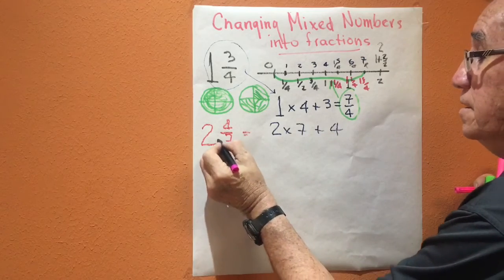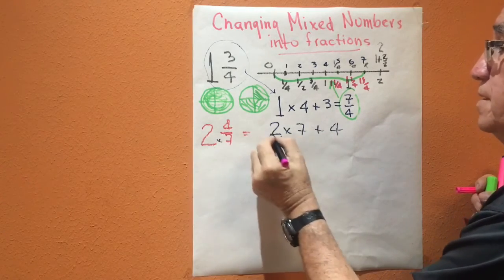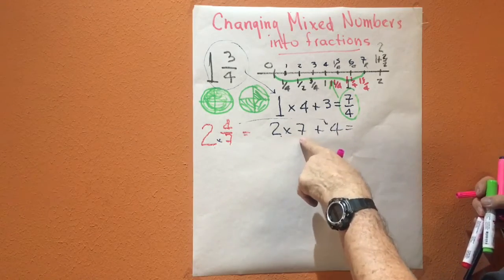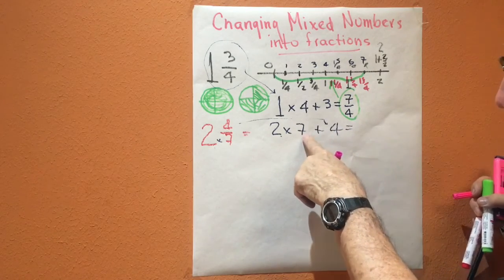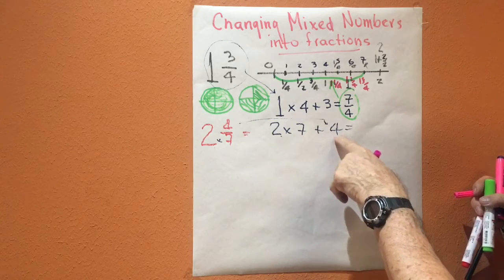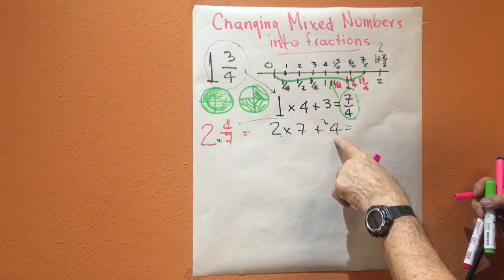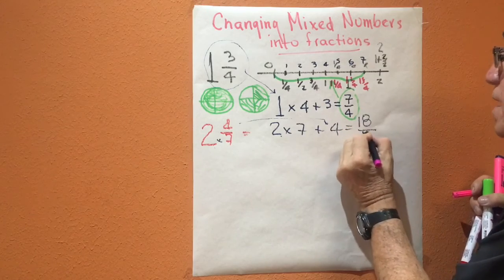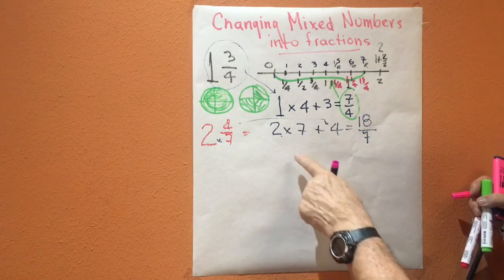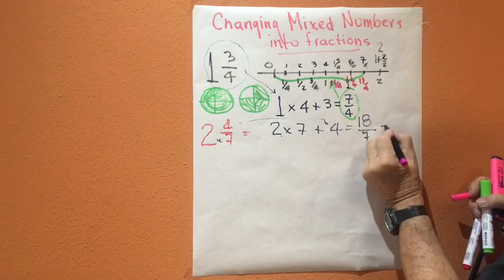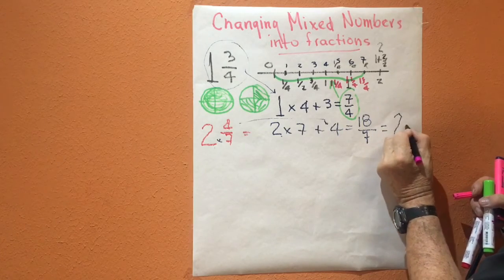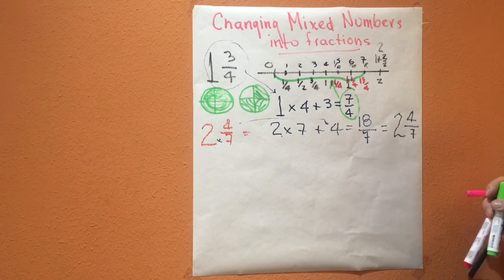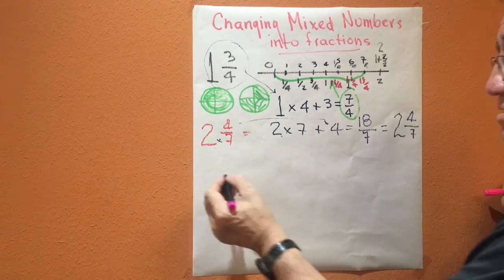So what's the answer? 2 times 7 is 14. 14 plus 4 is going to be 18. And my improper fraction is going to be 18/7, which is equal to the mixed number. Very simple.